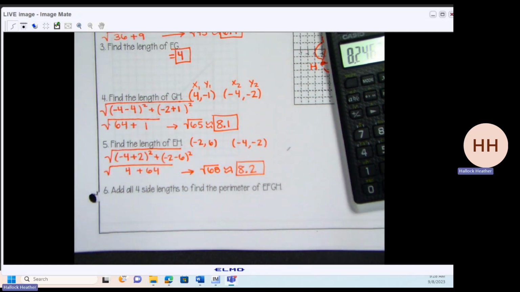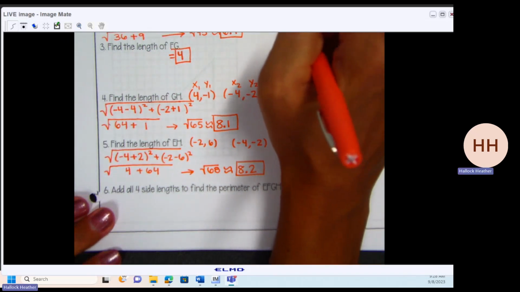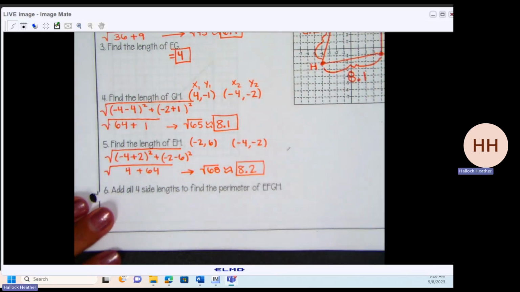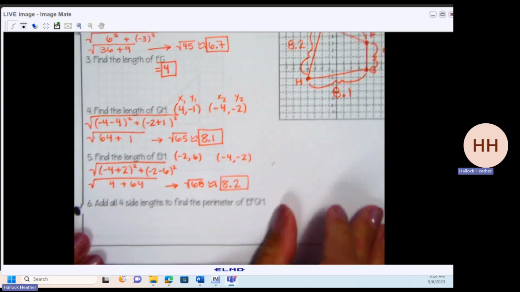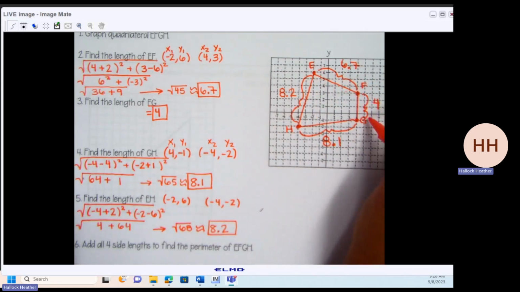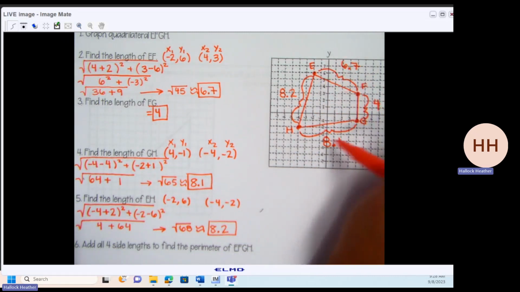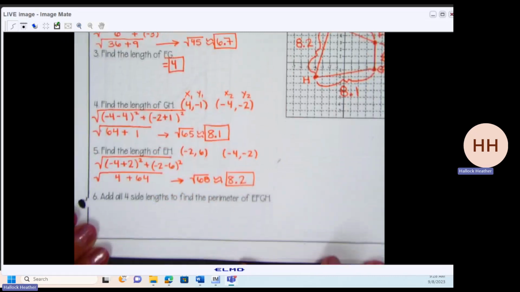So I have my 4 sides to my picture. And now the whole point of this is to find the perimeter. So it says add all 4 side lengths to find the perimeter. I have the original that I found, which was 6.7. This one was 4. This one was 8.1. This one's 8.2. So I'm going to add them all up to find the perimeter of the actual shape.